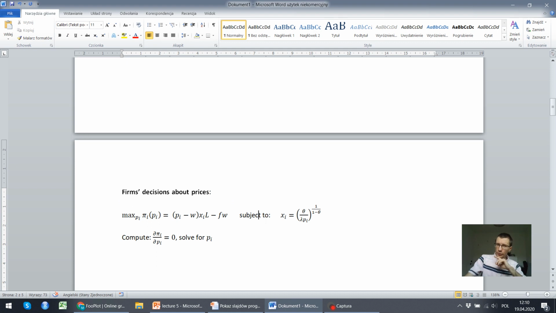So this is the first thing that we know about our monopolistic competitive firms, that they are maximizing this profit, but maximizing it with respect to prices. Remember that firms are monopolists. They set the price of each and every particular variety of the good. Moreover, they are also considering the fact that they know the actual function of the demand for their goods.